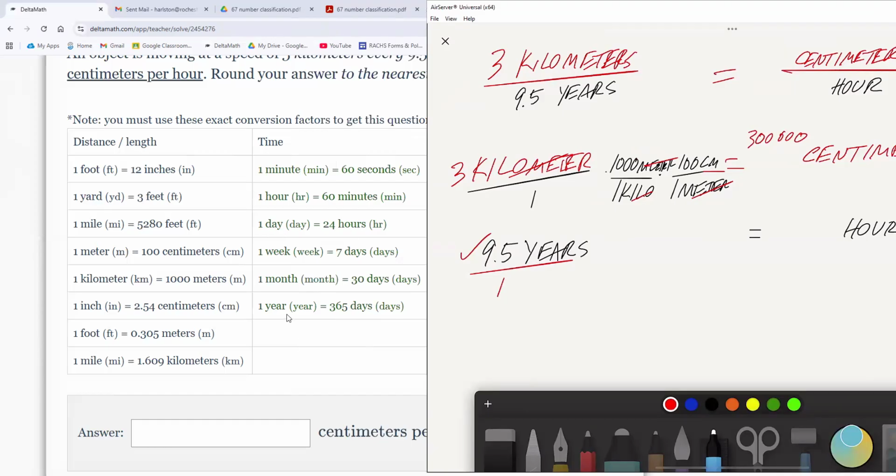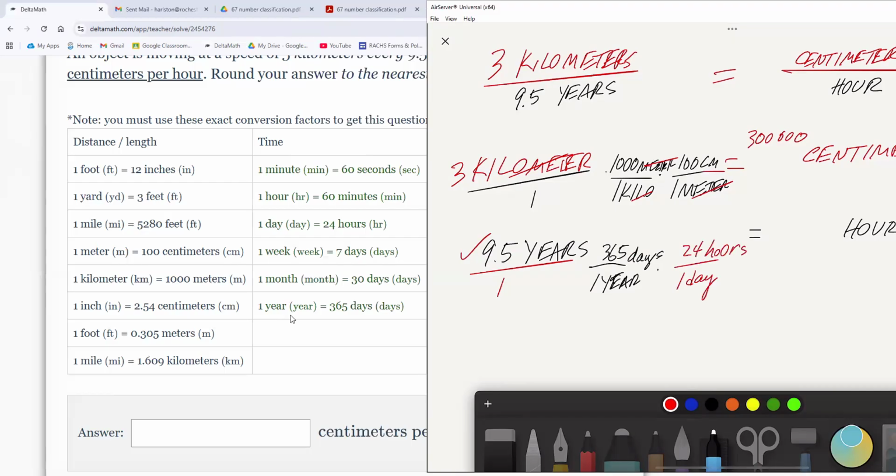Again, we're going to need to do 2 conversions. So here's the first one. We've got 1 year is equal to 365 days. And then 1 day is equal to 24 hours.